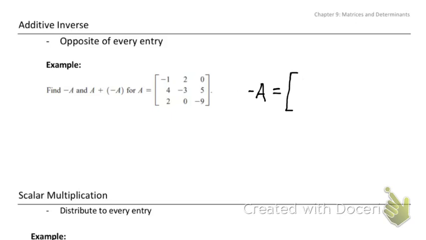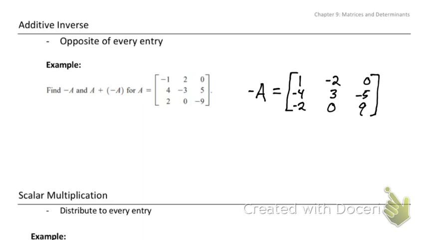So the additive inverse of negative 1 is just a positive 1. Additive inverse of a 2 is a negative 2. Additive inverse of 0 is still 0. Come down, 4 will become a negative 4. Then we'll have a positive 3. Then we'll have a negative 5, a negative 2, a 0, and a positive 9.